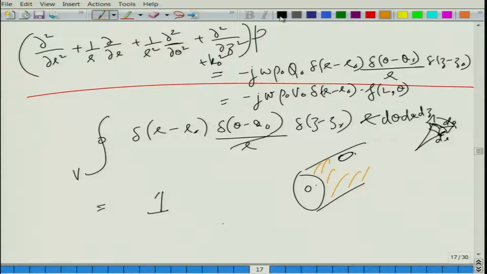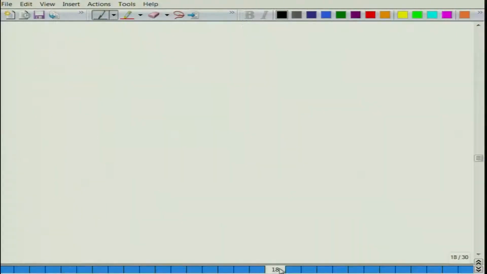So, we get basically this sort of a thing. Now, the key idea underlying this derivation is to substitute the solution of a homogeneous equation, which I am going to write down now, P of r theta z. I am not writing the e to the j omega t, it is understood.